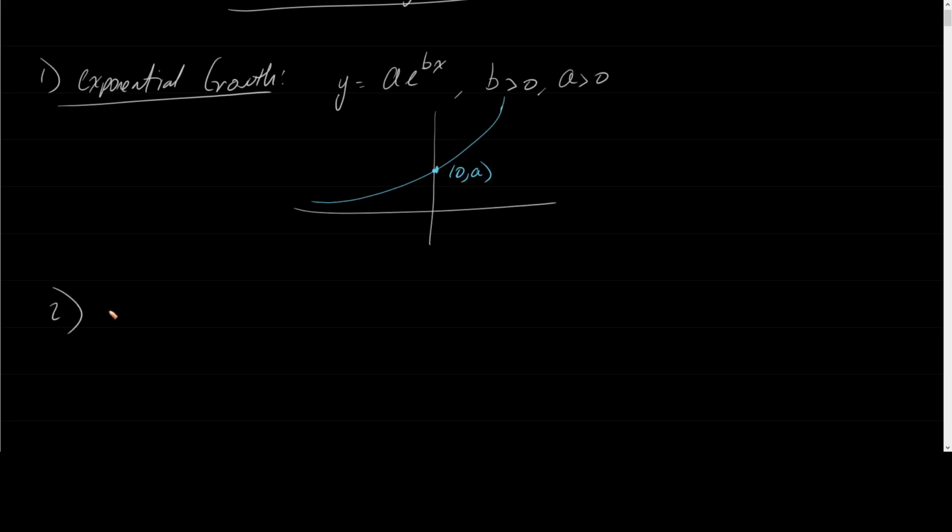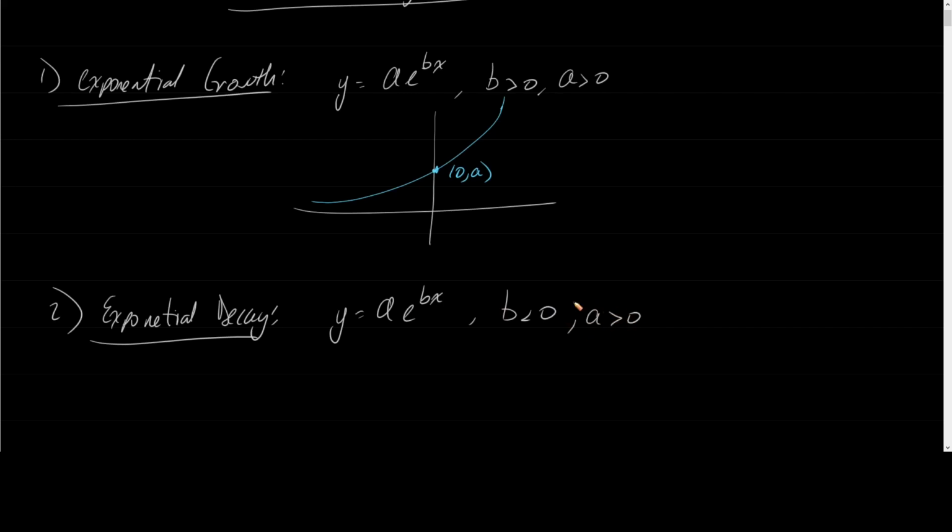We also have something called exponential decay. In here, the model is very similar. It's still an exponential model. It's ae to the bx. In here, though, the difference is that b is less than 0. A is still greater than 0, though.